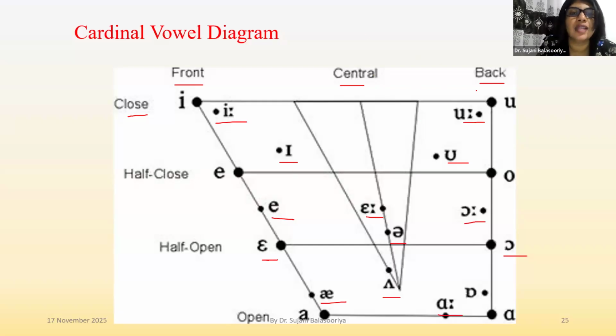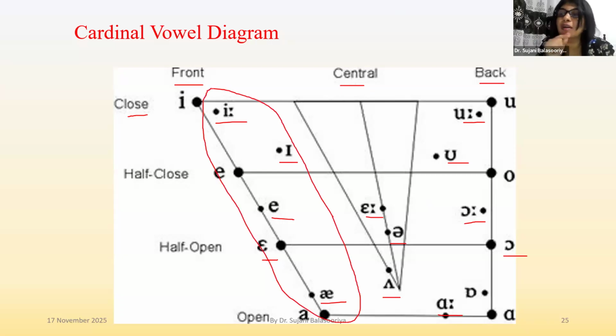These sounds that are located here, this side. When we produce these vowel sounds, the front part of our tongue feels a slight movement. Okay, right? Front part of these, actually the tongue is slightly moving. So therefore, we identify all these vowels that I have circled here as front vowels, right?